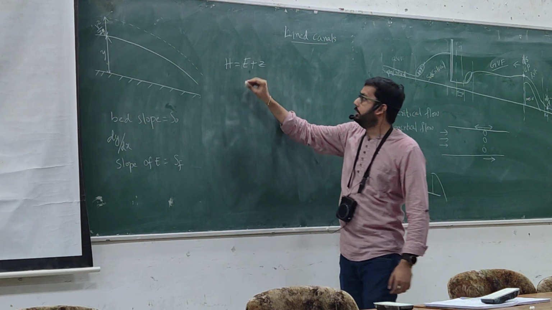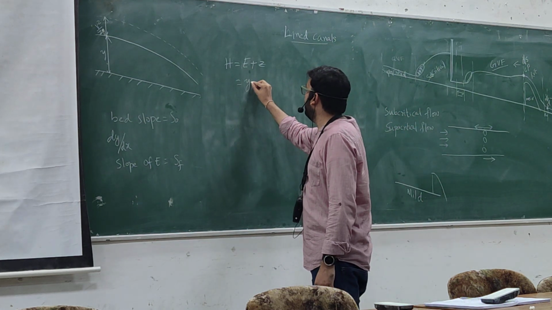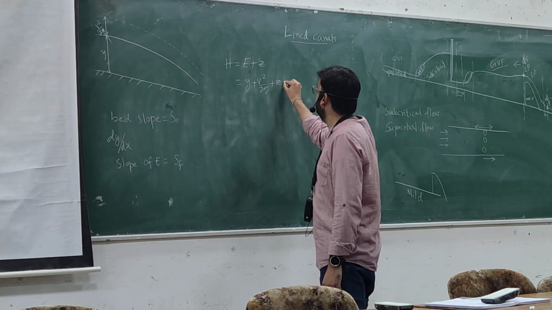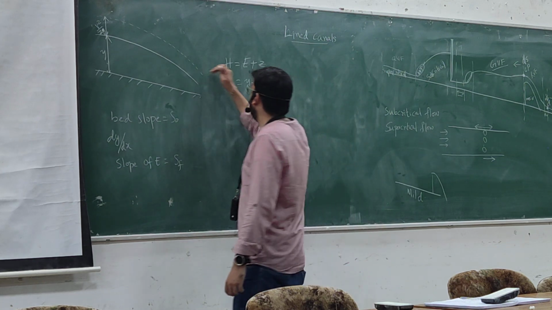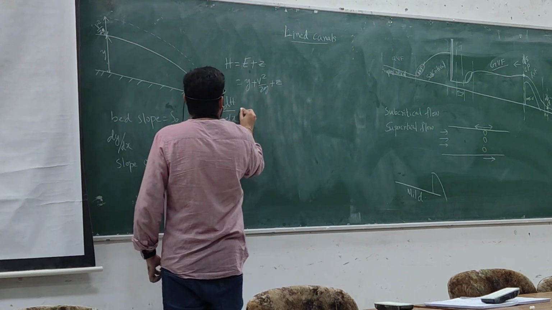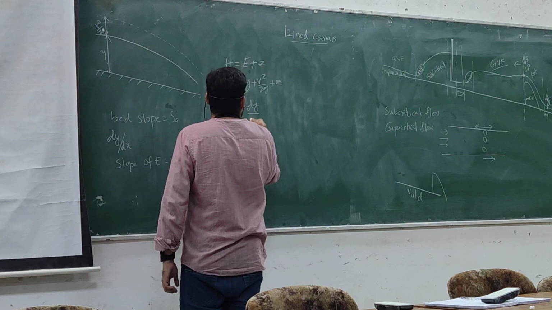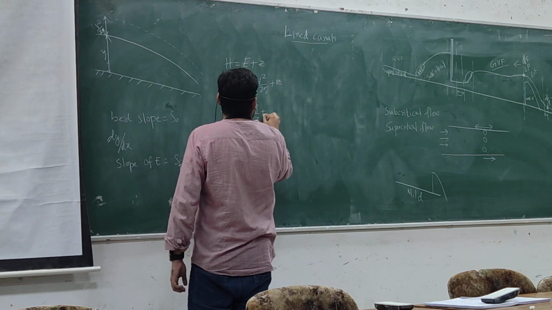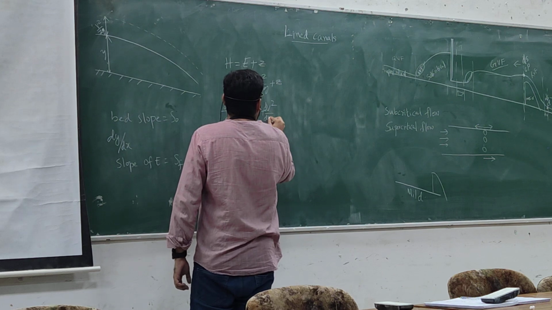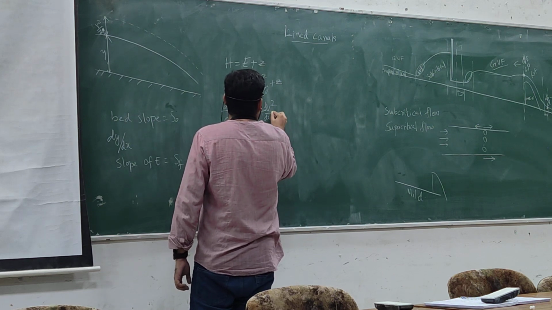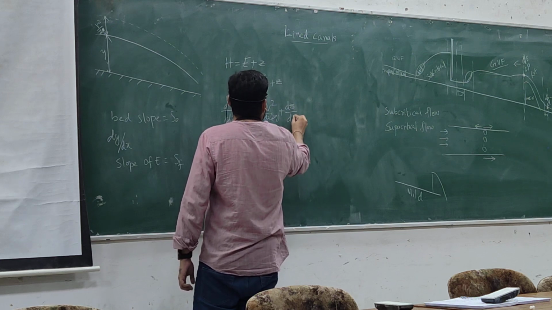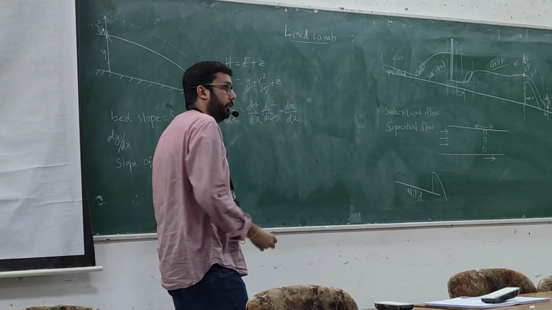Yeah, so this is the specific energy, which is Y plus V square over 2G plus Z. And if I take the gradient of it with respect to X, this is what you get.